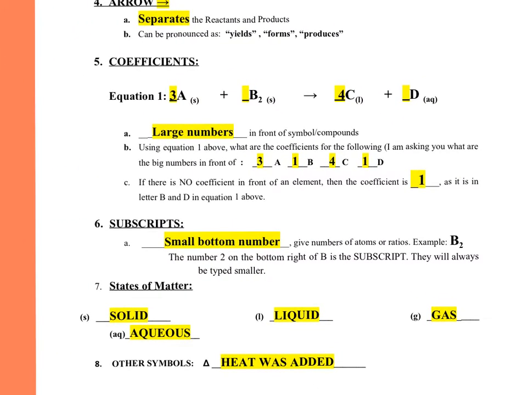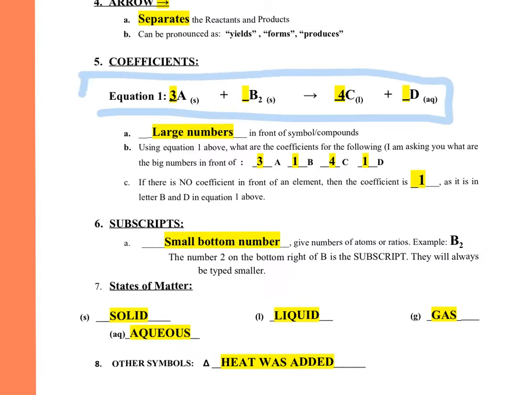Here's a compound. This is just an example. Okay, and coefficients are the large numbers in front of the symbol or compound. So what number do we see in front of the letter A? 3. So the coefficient for A is 3.